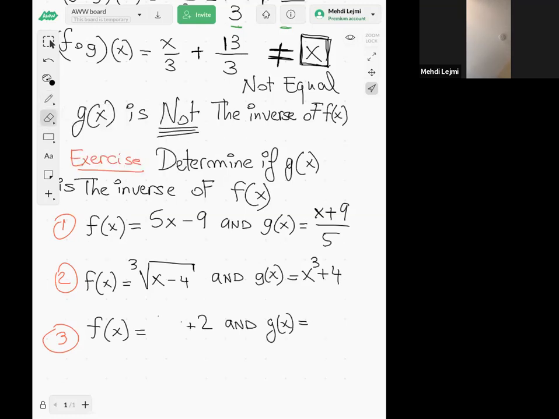I'm going to use a fraction for f. Let's say f of x is 4 over x plus 9, and g of x is 4 over x minus 9. Okay, guys, I'm going to give you 5 to 10 minutes to check if the function g is the inverse of f.